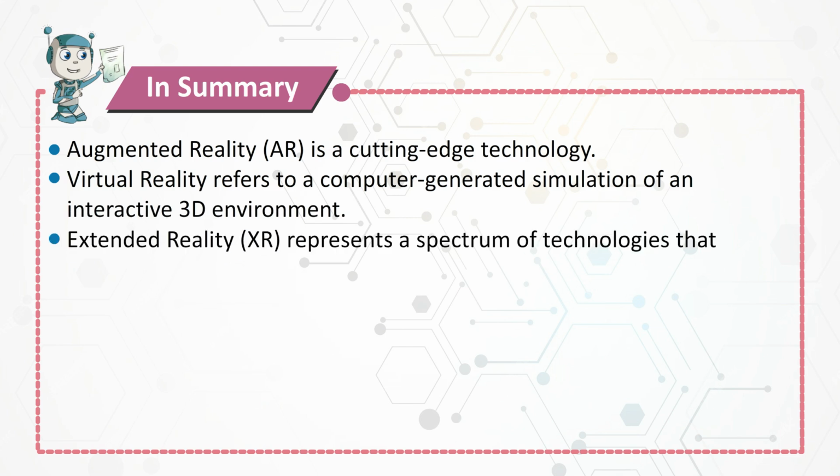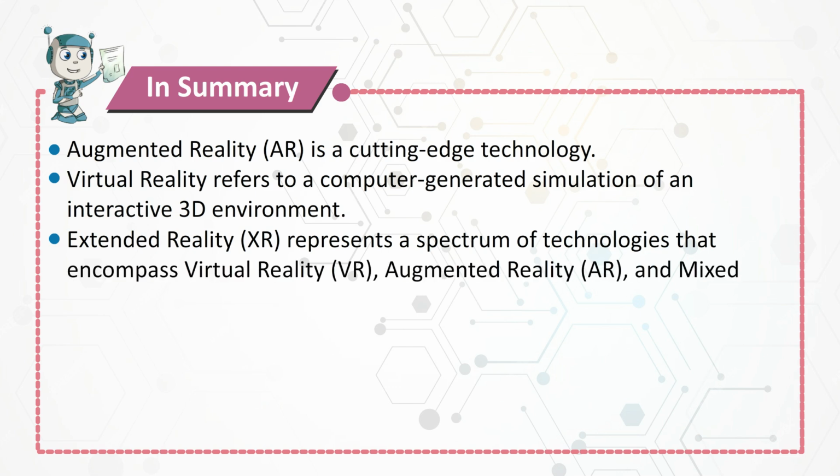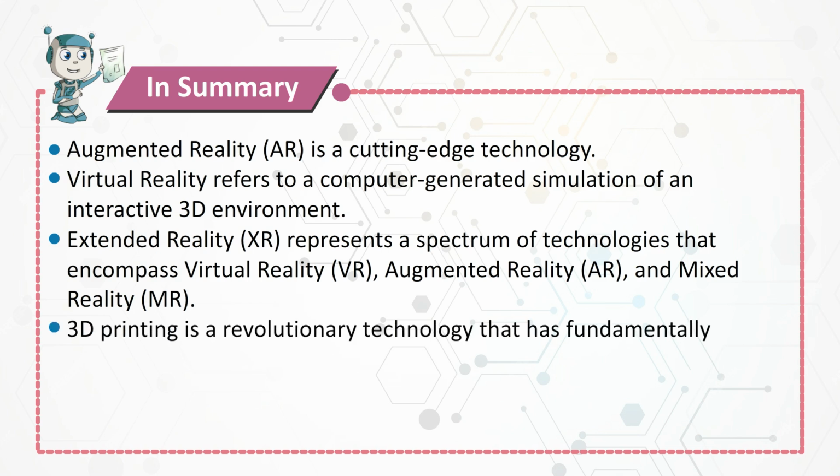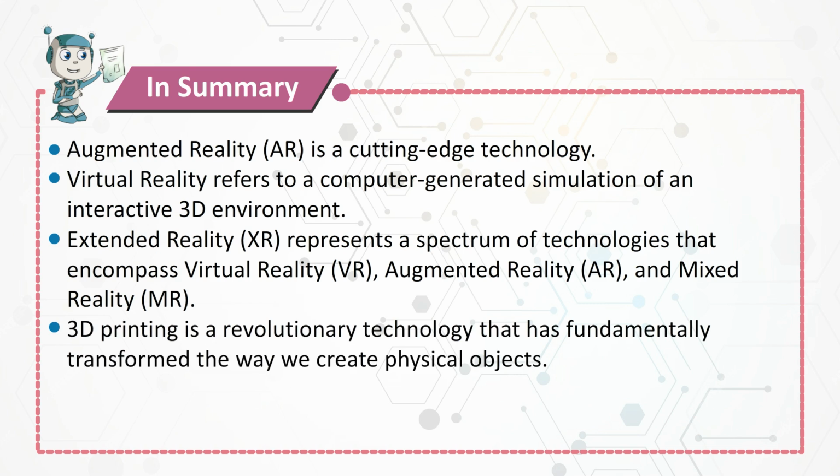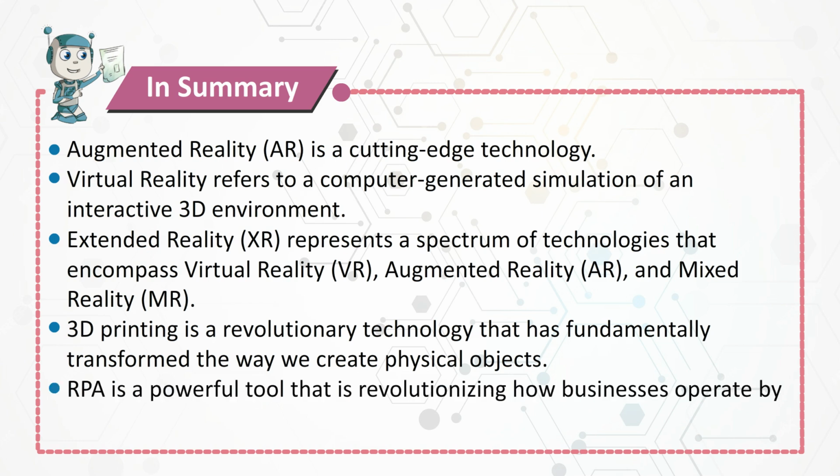Extended reality, XR, represents a spectrum of technologies that encompass virtual reality, VR, augmented reality, AR, and mixed reality, MR. 3D printing is a revolutionary technology that has fundamentally transformed the way we create physical objects. RPA is a powerful tool that is revolutionizing how businesses operate by automating repetitive tasks and workflows.